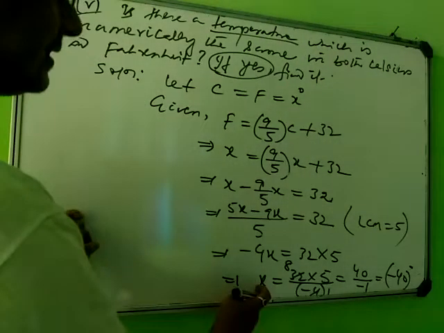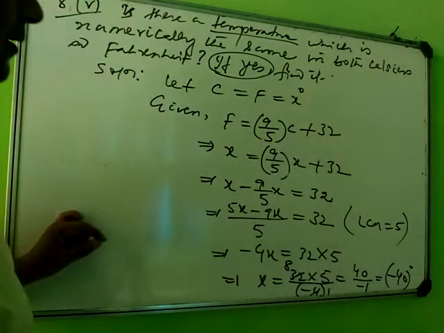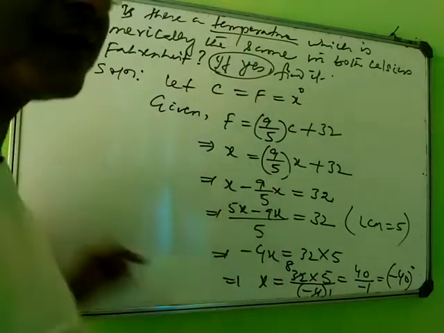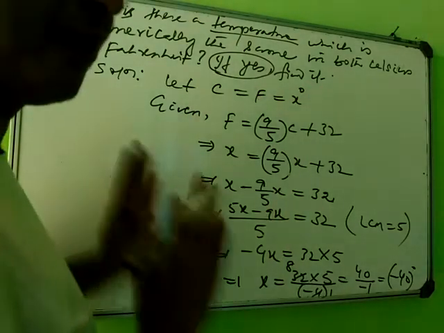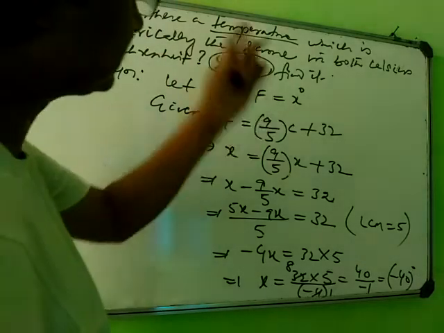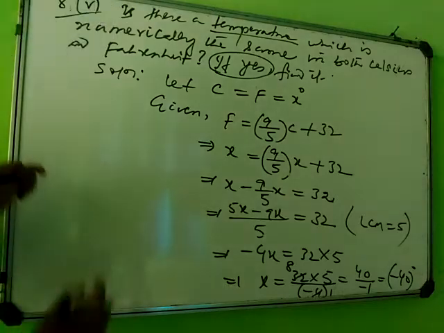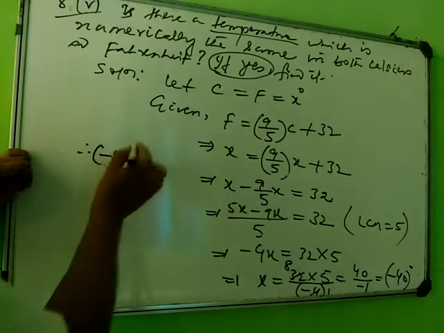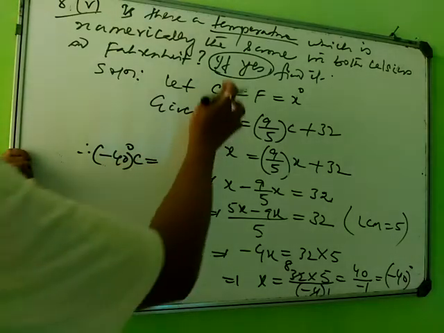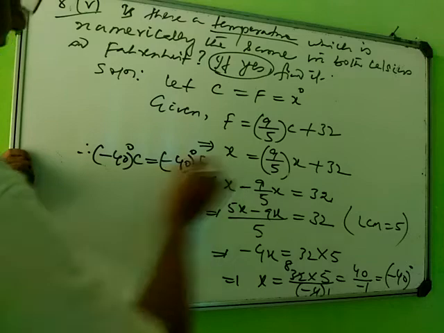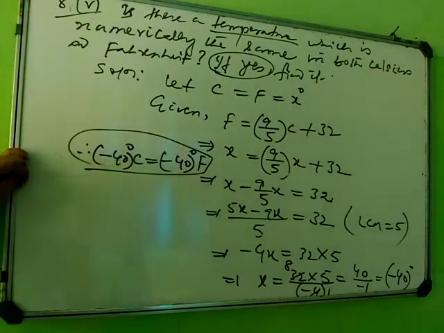So x is minus 40 degree, which means minus 40 degree Celsius equals minus 40 degree Fahrenheit. That is the only temperature that is numerically the same in both Celsius as well as Fahrenheit. So therefore minus 40 degree Celsius equals minus 40 degree Fahrenheit. This is your answer.